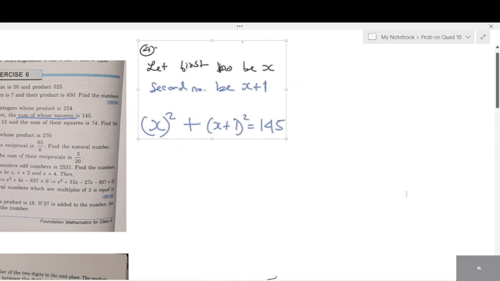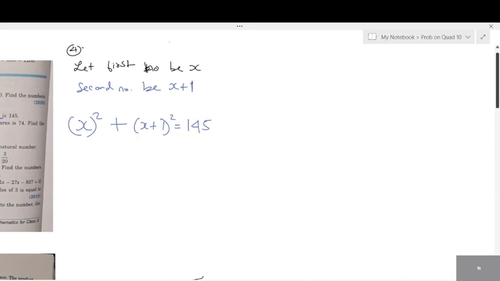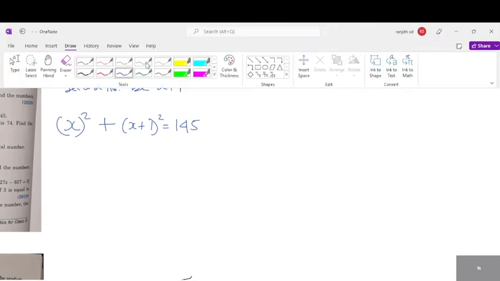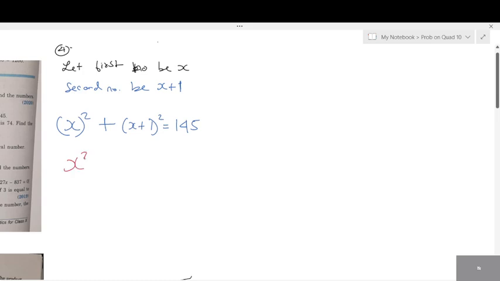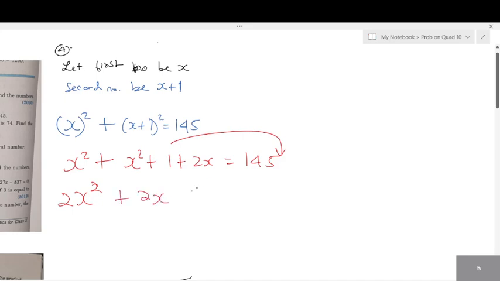If they tell you to use the formula method, use the formula method. If not, use that prime factor method which I taught. You get x square plus x plus 1 the whole square. You have to use a plus b the whole square: a square plus b square plus 2ab is equal to 145. X square plus x square is 2x square plus 2x equals 145 minus 1.